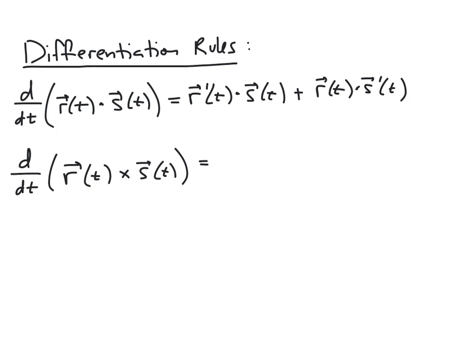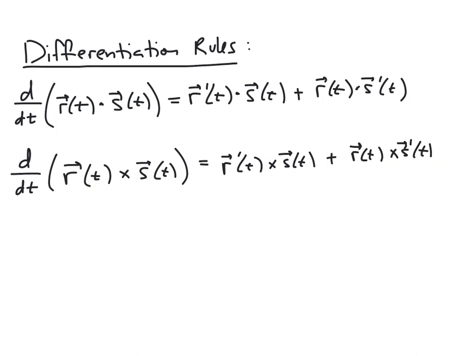So if I have to take the derivative of r cross s, this is going to be r prime cross s plus r cross s prime. We have to pay attention that the r vector is always the first term of the product, and the s vector is always the second one.